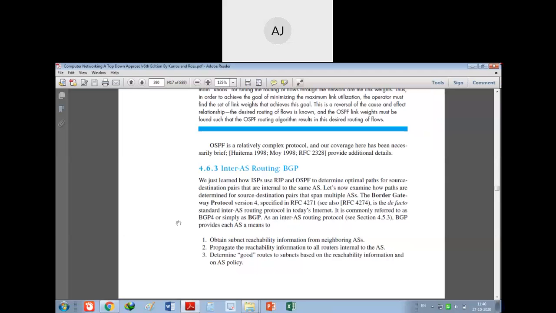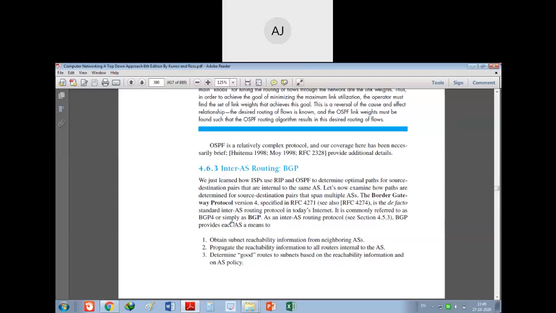First of all, obtain subnet reachability information from the neighboring AS. So here one autonomous system is communicating with another. That is the idea of inter-autonomous system. Here one neighboring autonomous system is giving information about another neighbor.